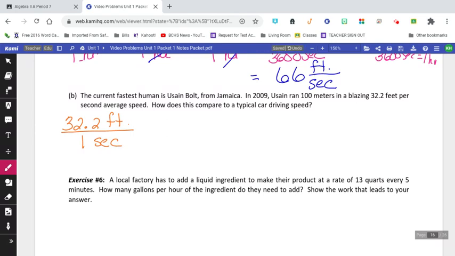Now, typical car driving speed is miles per hour. So at this point, it really does not matter which one you convert first. You can do the feet to miles or the seconds to hours. I tend to start with the unit that's on the top of the fraction in the numerator. So I want to change my feet, which would have to go on the bottom, to miles. Now, in the above problem, they already told us there were 5,280 feet in 1 mile.